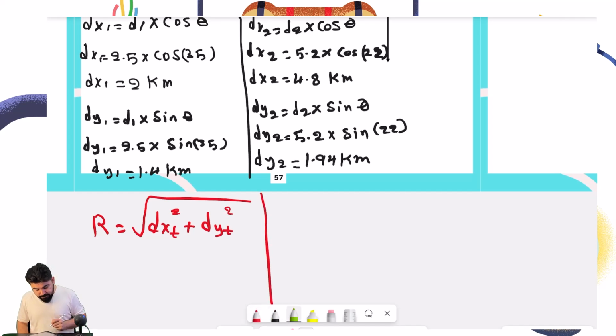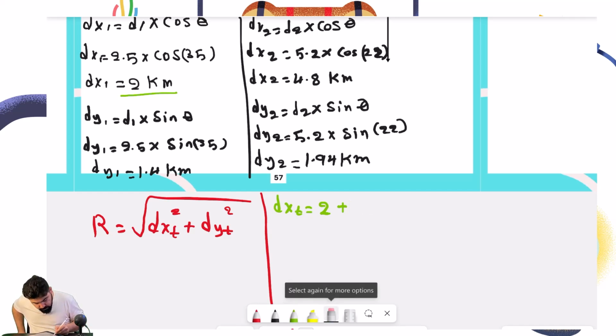Let's find them first. dx total is equal to dx1 plus dx2, so 2 plus 4.8, which is equal to 6.8 kilometers.